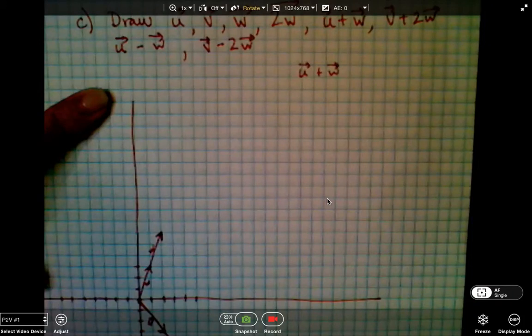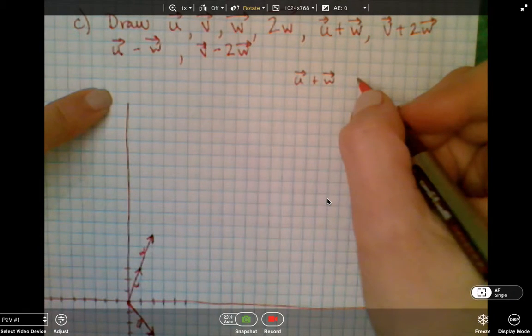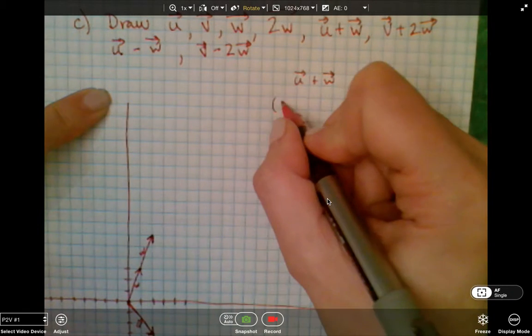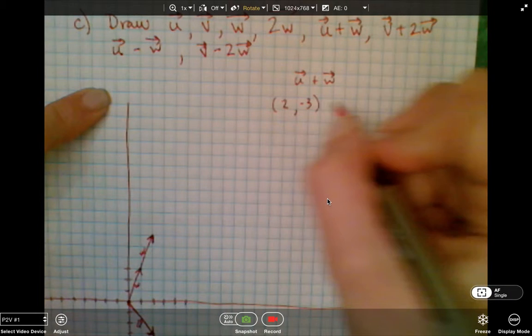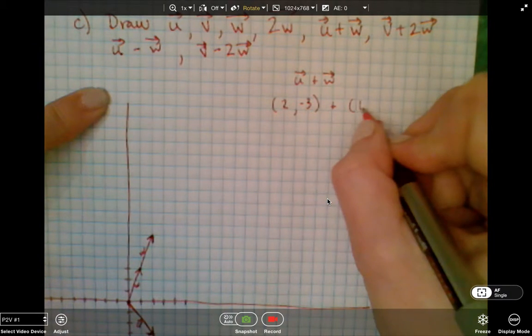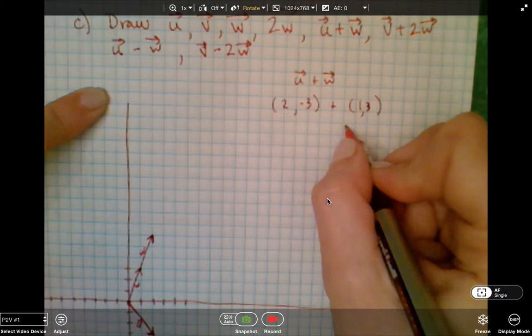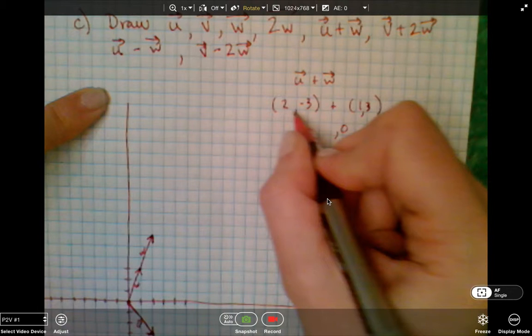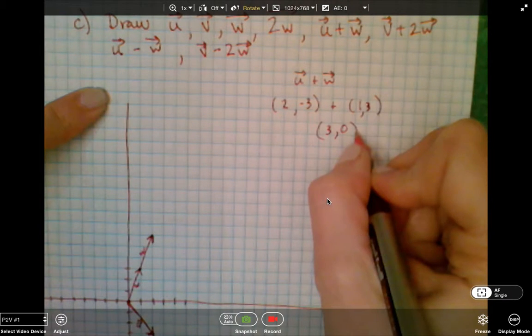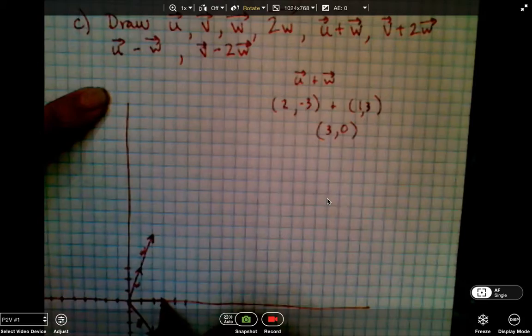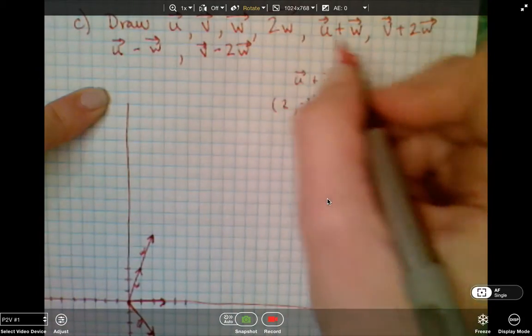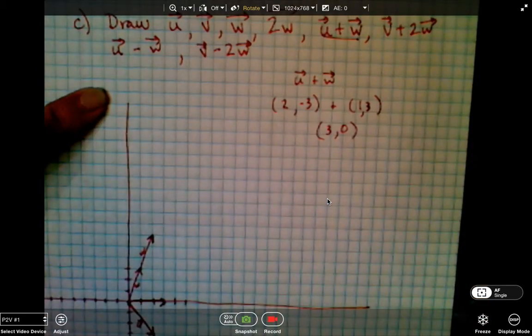Let's just do the arithmetic for it. So I'm going to be adding together the components of each one of them. So the y components are going to give us a 0. The x components are going to give us a 3. So 3, 0. Right there. That is u plus w.